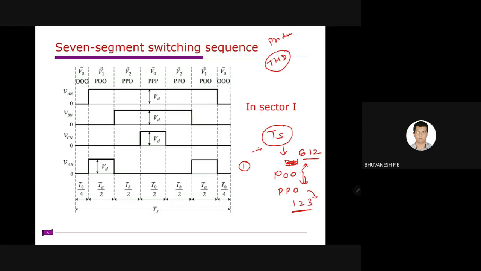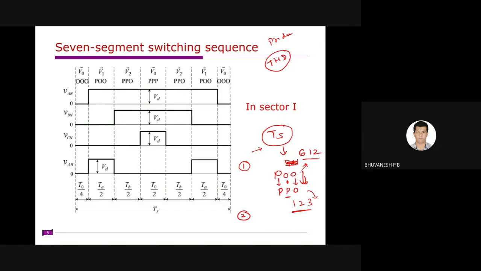Here the A phase remains the same, and the C phase also remains the same. The only change is in the B phase: earlier the B phase upper switch was off, and now this upper switch is on, right? So when changing from one switching state to another in one sector, there must be only one change.